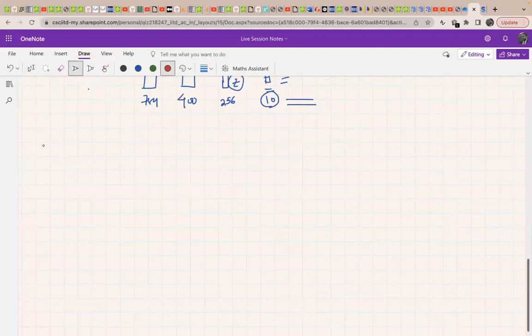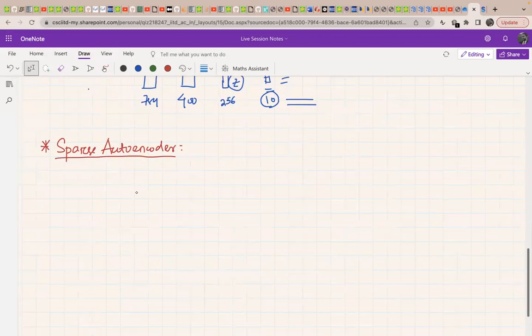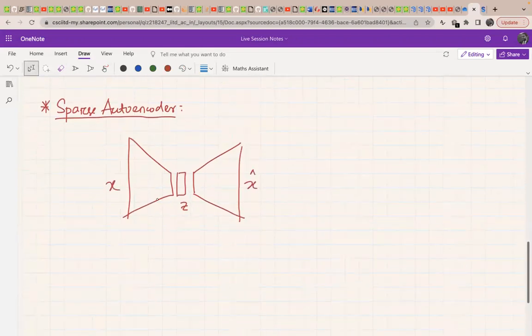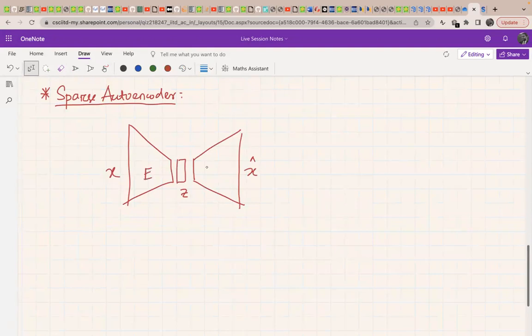Let's topic mark it as sparse autoencoder. Given an autoencoder, this is my Z, this is the reconstruction X hat, this is the encoder and this is the decoder.